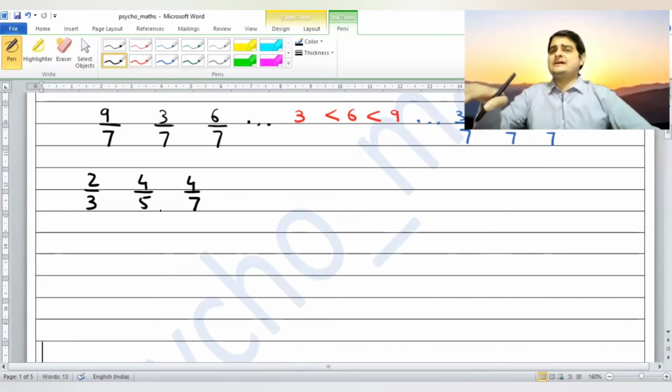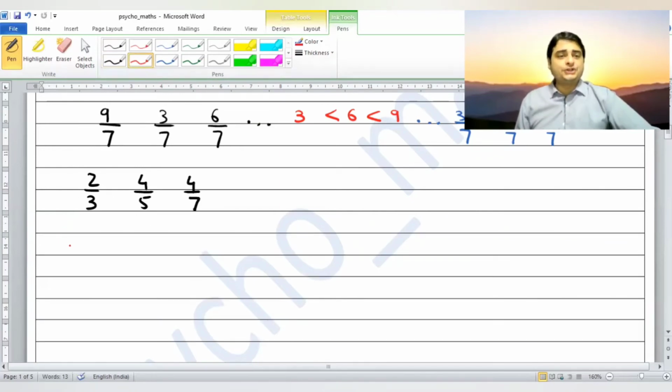Ignore the numerators, focus on the denominators.